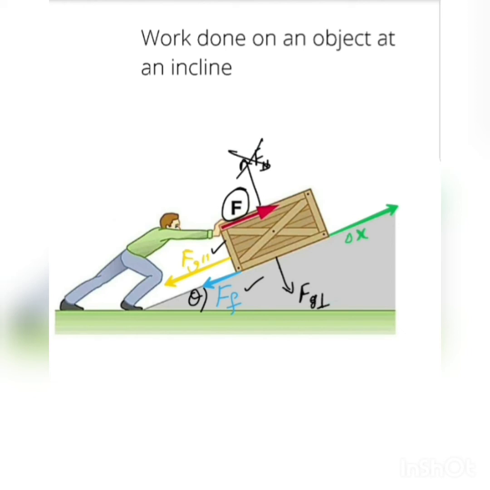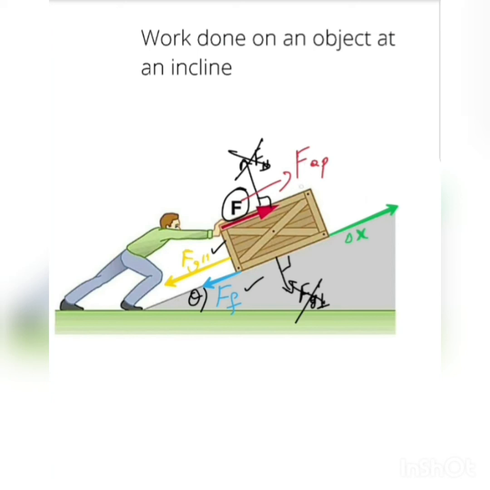These two forces we are going to ignore because they are perpendicular to the object. And remember, if they are perpendicular, it means they form an angle of 90 degrees and they do not do any work on the object. So the only forces that are doing work on the object are the applied force, the FG parallel, and also the frictional force.